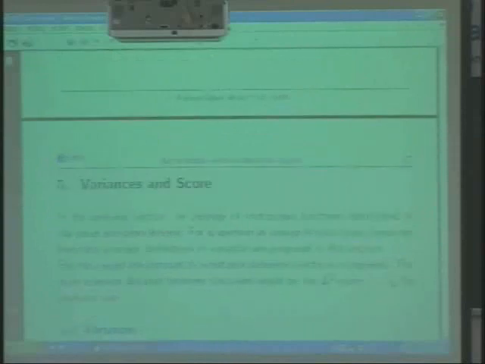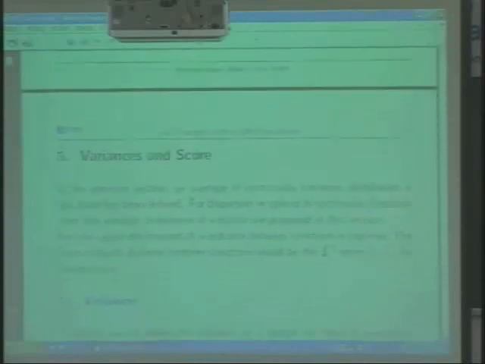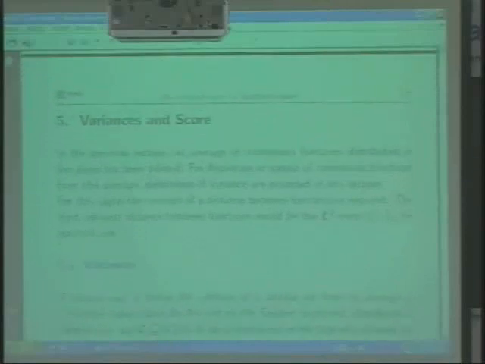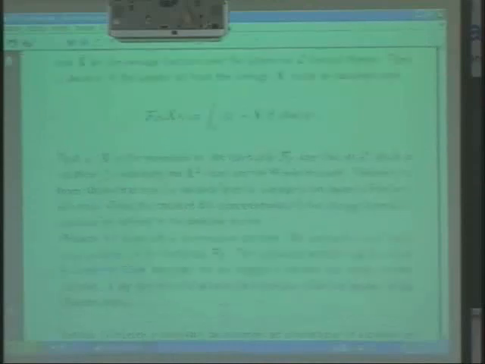And I also define variance and score. I actually want you to figure out the statistical framework on the Wiener measure space. But the variance was a little bit tougher than the average. The natural way is using Fréchet's idea.